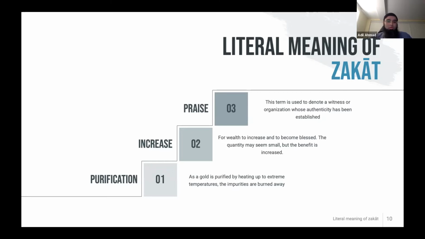Tazkiyah of such and such witness has been done, that he's not a shady witness, we can trust his testimony. So these are the different literal meanings of the word zakat or zakka yuzakki found in the Arabic language, and we find all of these things included in the sense of zakat, the commandment of Allah.